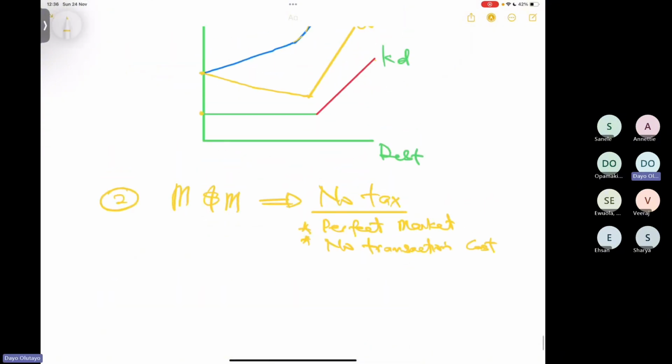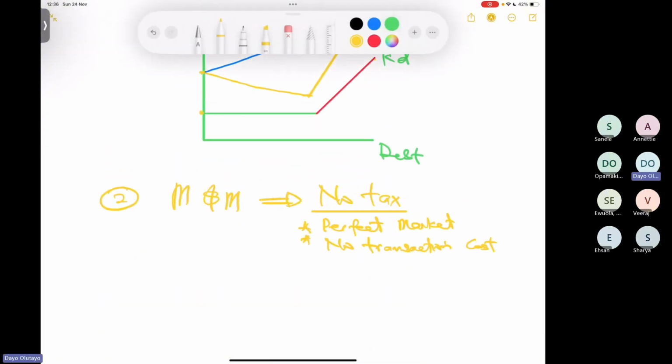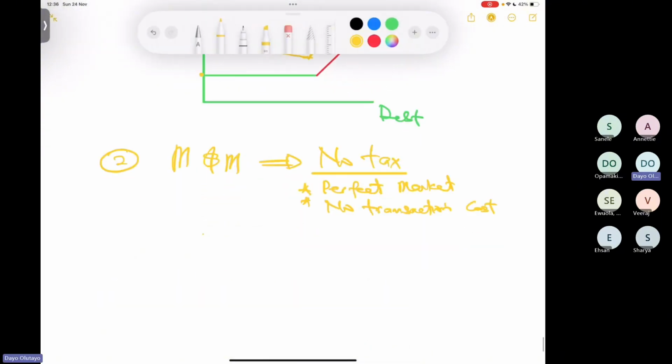They came and they said, okay, for them, they don't believe there is any tax benefit by taking debt. So they don't believe that taking so much debt will reduce your WACC. They don't believe that. So they believe cost of debt will be constant. They believe that WACC will be constant.